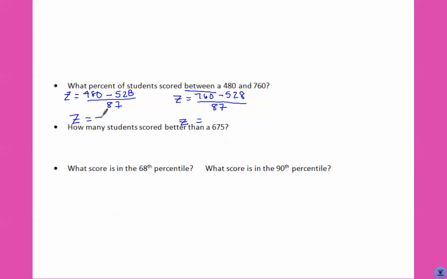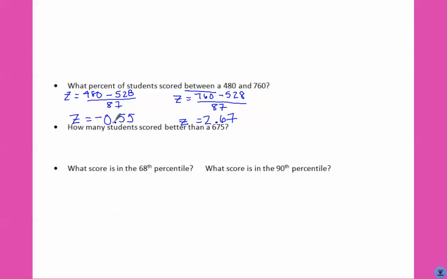So our first one gives us negative 0.55, and our second one gives us 2.67.